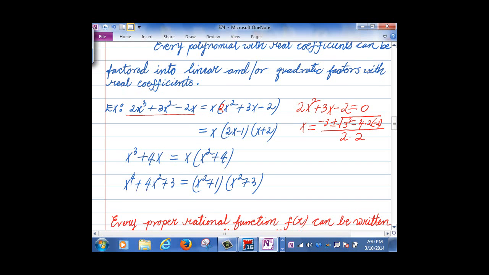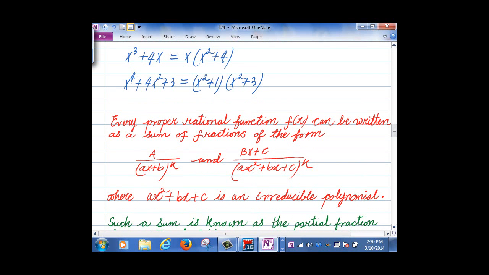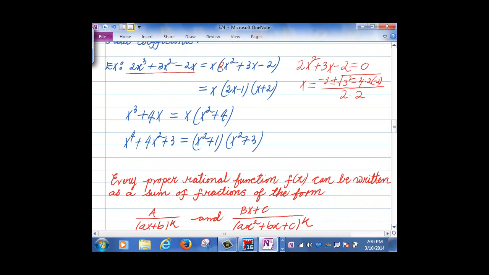Now next, let's say I have x cubed plus 4x. How do I factor it? Once again, x is the common factor, so let's take that out.